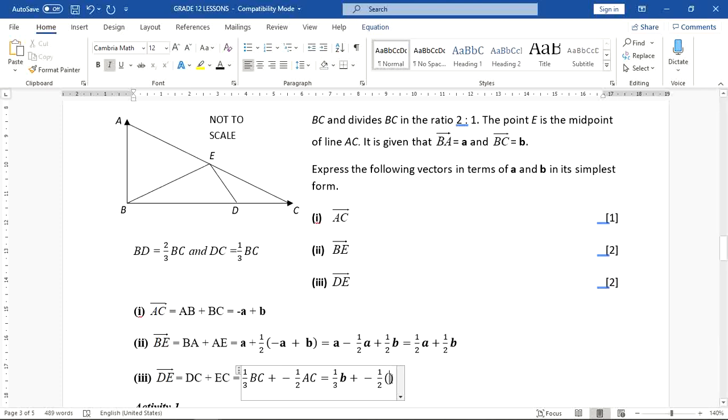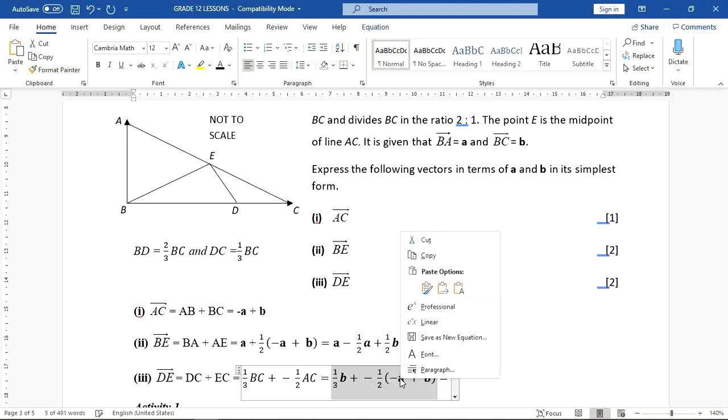So now it says leave your answer in simplest form. So if I remove the brackets, a negative times a negative is going to be positive, and a negative times a positive is going to be a negative. So removing the brackets, this will give me all this.